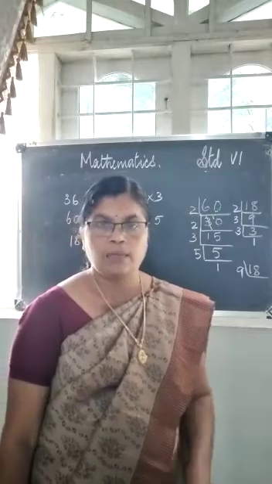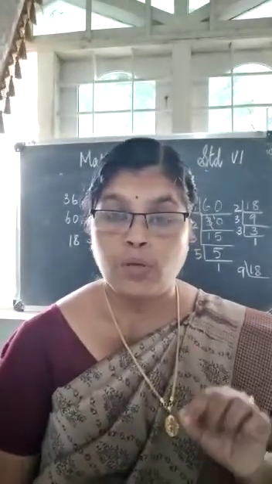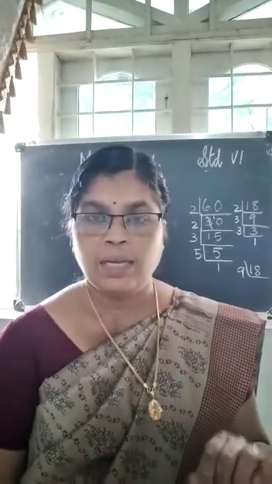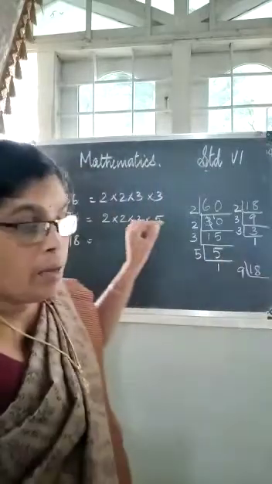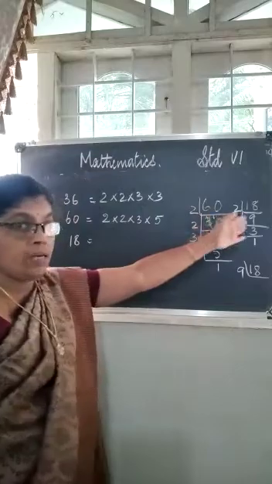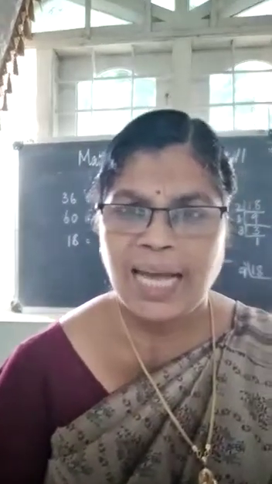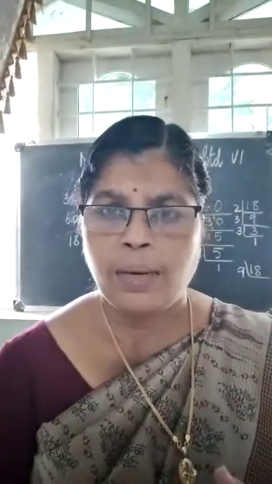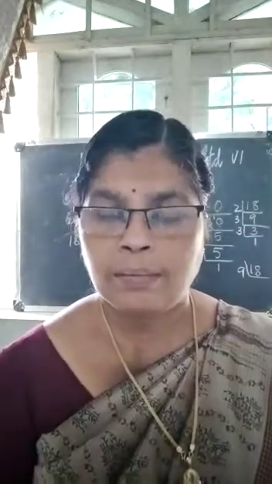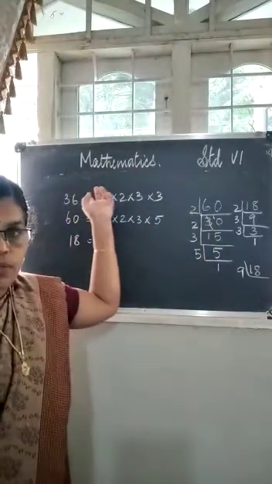So that means in the prime factorization, composite numbers are not included in the factors. We are doing the prime factorization of a composite number. 36, 60, 18, all these are composite numbers. So from this we can understand every composite number can be written as the product of prime numbers. 36 is a composite number, right?